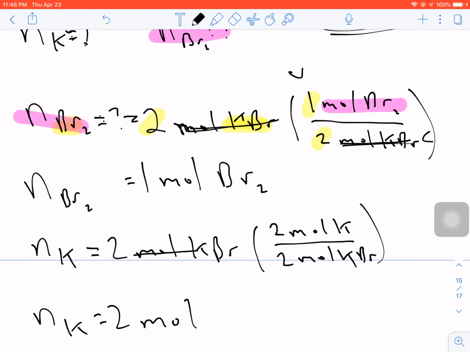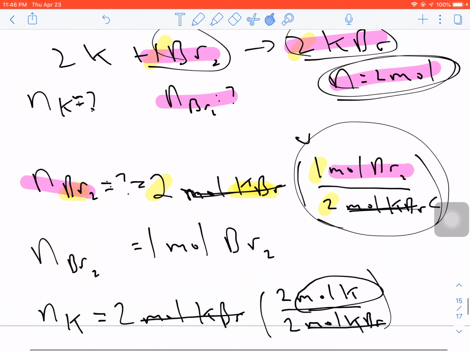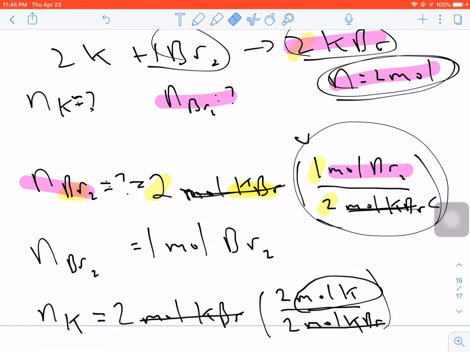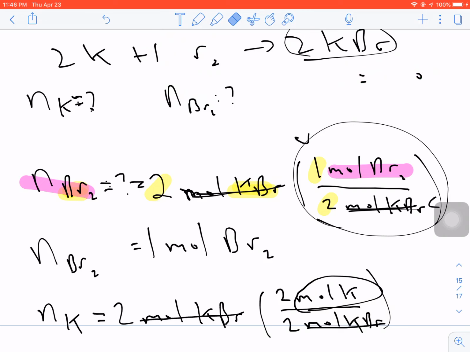I have moles of KBr here and moles of KBr in the denominator, so they will cancel each other out, and I'm left with moles of K. So my number of moles of K is 2 moles of potassium. So those are my mole ratios. This is a mole ratio here. It comes directly from my balanced chemical equation. Let me erase some of my messiness here.